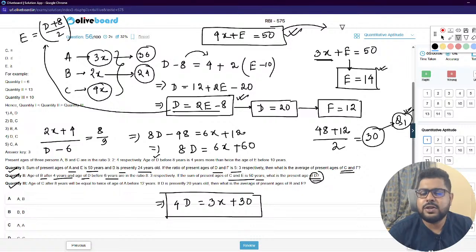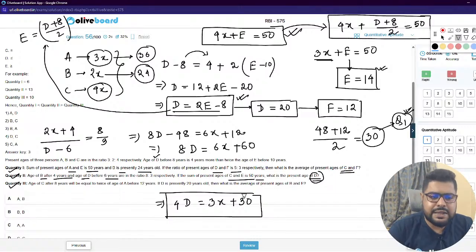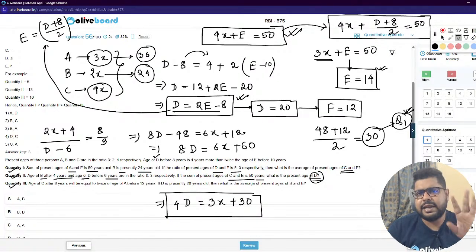So put it here: 4x plus (D plus 8) divided by 2 is 50. So this is one of the equations and this is another. It will be a little tricky and calculative, but again we can solve it.